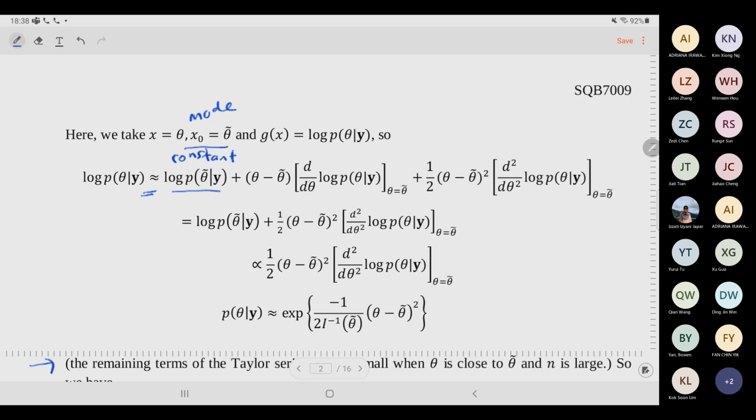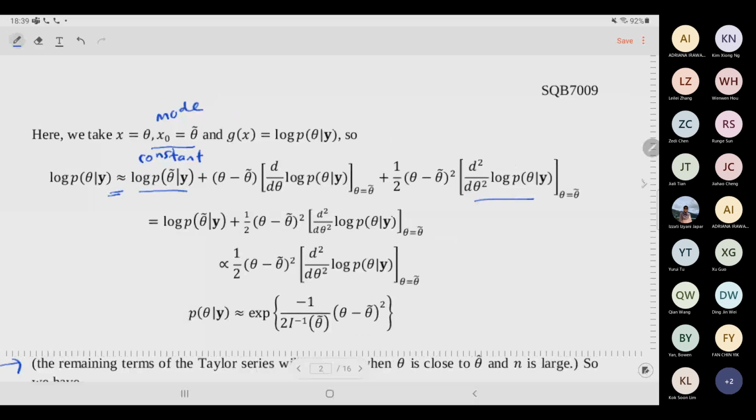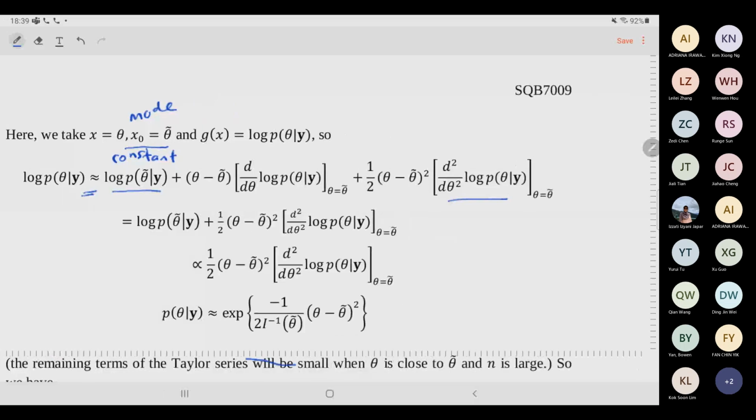What does this notation mean? It means you differentiate your log posterior with respect to theta, and then set theta equal to the mode, theta tilde. And this one, you differentiate twice, and then after you differentiate twice, you set theta equal to theta tilde.